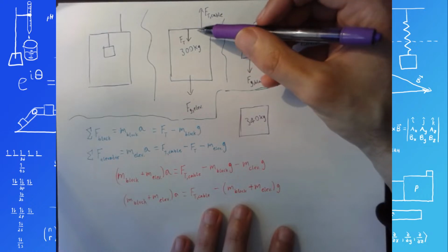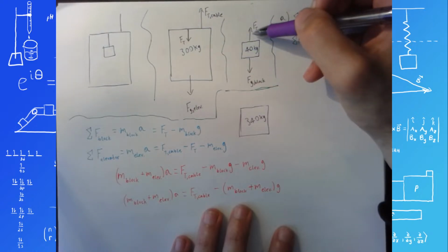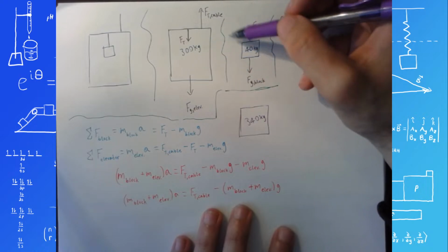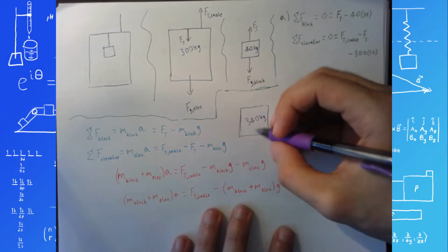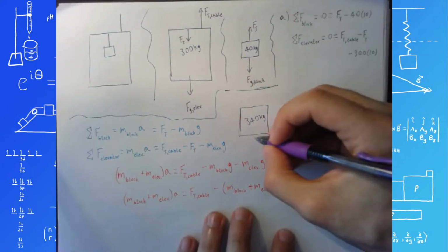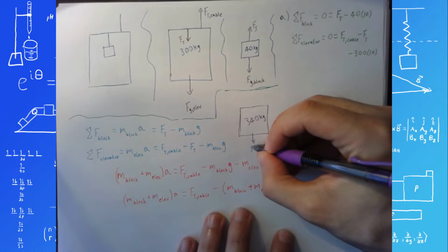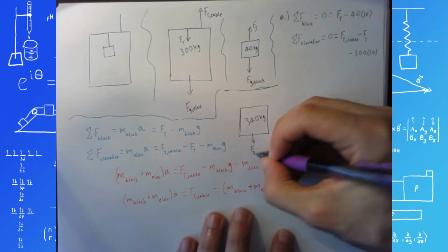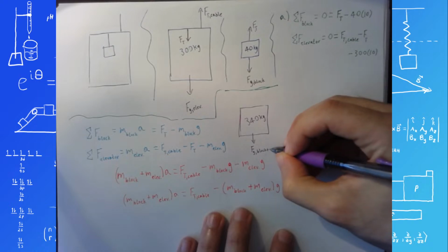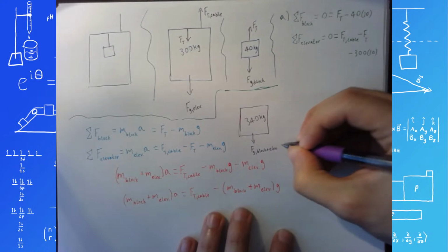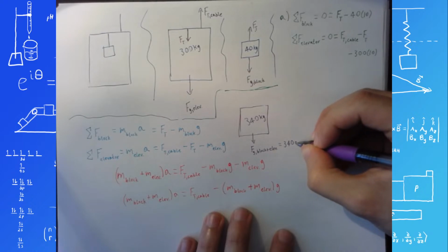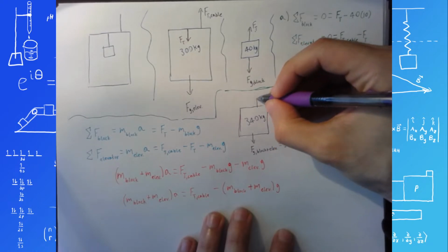That is, the tension forces between the block and elevator ceiling through the rope would disappear, and all you're left with is the combination of the weights, which can now just be represented as force of gravity on both block and elevator, block plus elevator, equals 340G, and the cable tension.